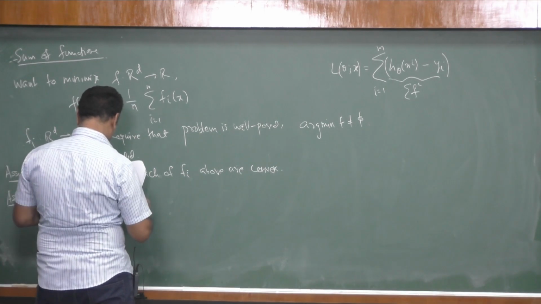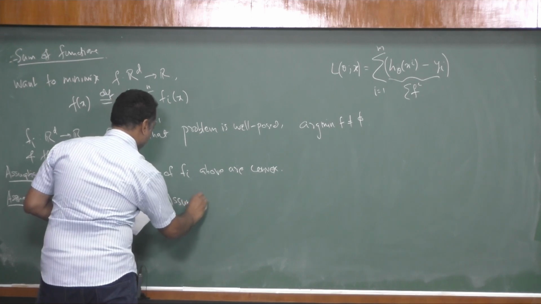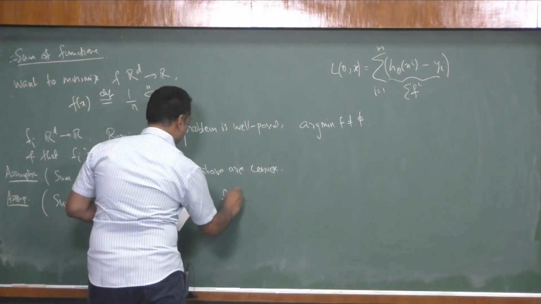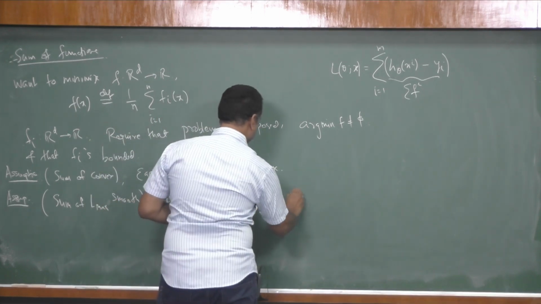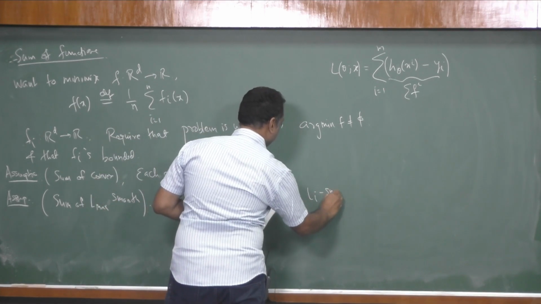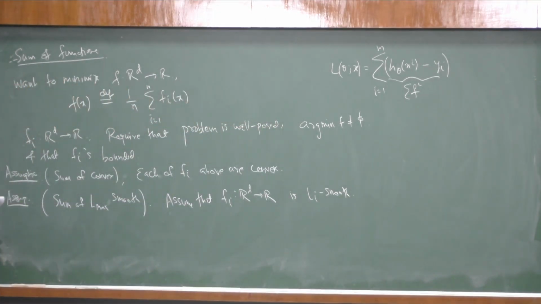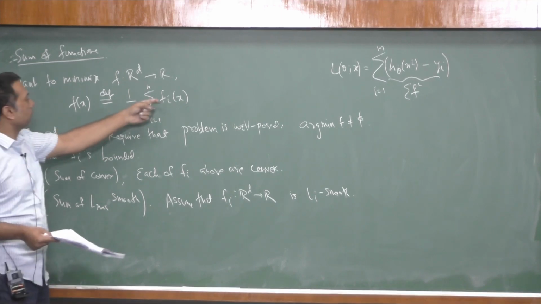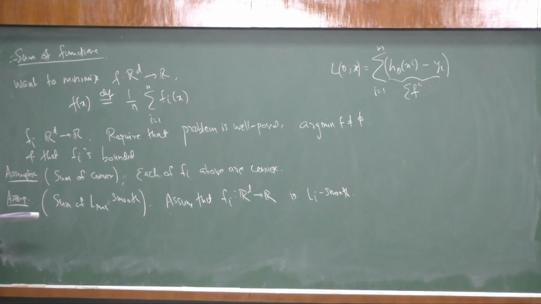In this case, assume that fi from R^d to R is Li smooth. Each of the fi's is Li smooth, and since it's a sum, we can take a max of all the L. So as a whole, f will be L max smooth.